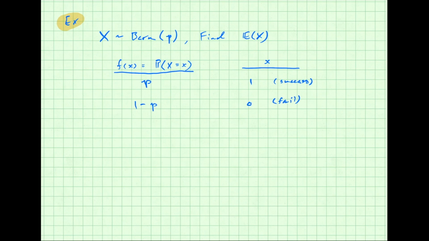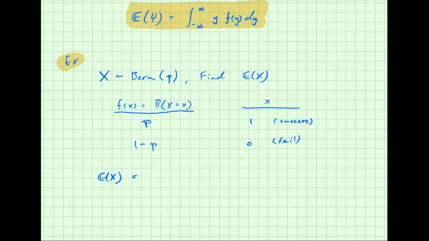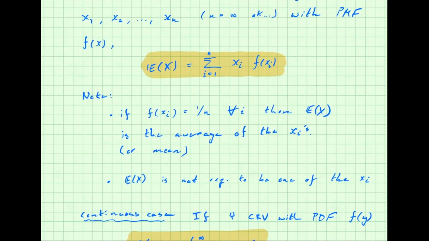So then the expected value, you just do the sum manually. Let's go back up there and take a look. Each term has two things: the value that the variable can take times the probability that it has that value. So for the first term, the value is 1, for success, times the probability of that value, which is p.